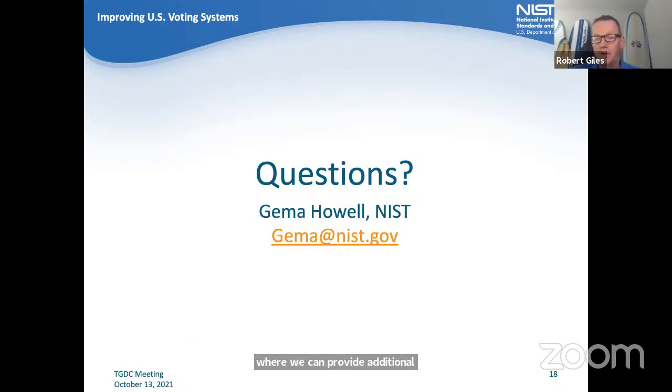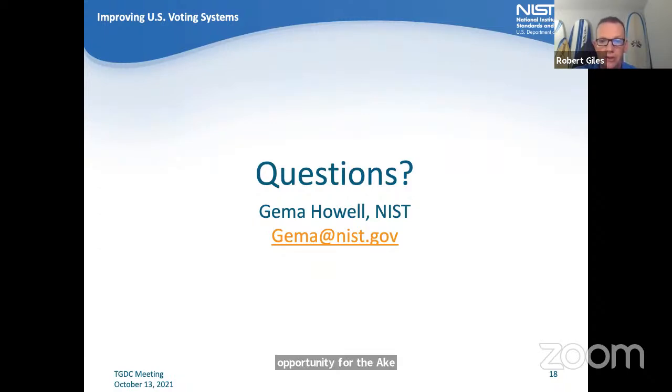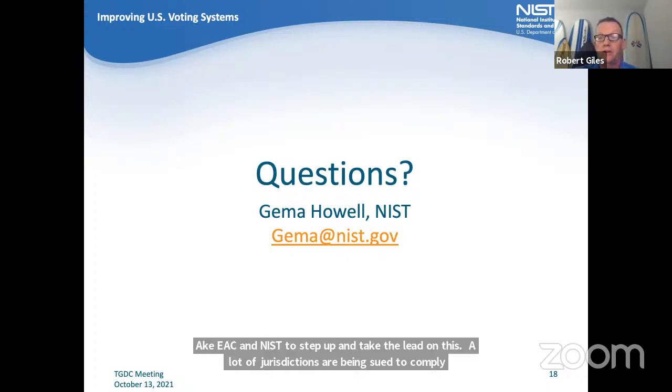Thank you. I think it would be really helpful and a great opportunity for the EAC and NIST to really step up and take the lead on this. A lot of jurisdictions are being sued to comply with ADA for vote by mail. So accessible ballots being delivered to the voter, but also allowing voters to accessibly return them.